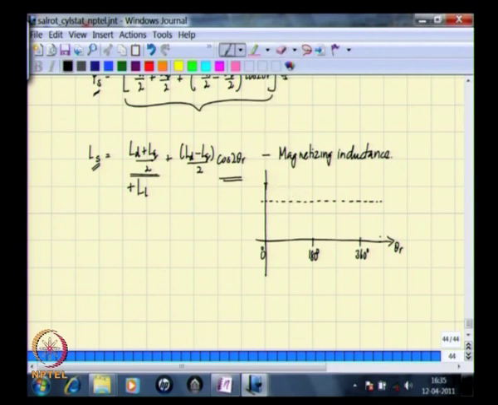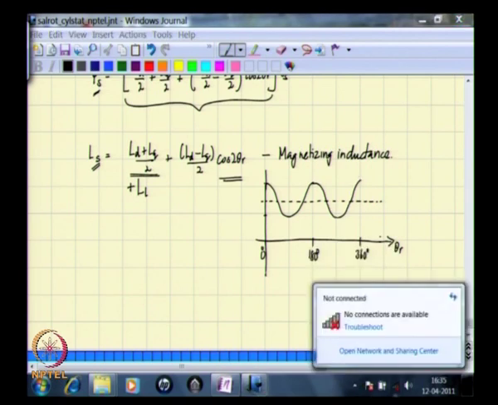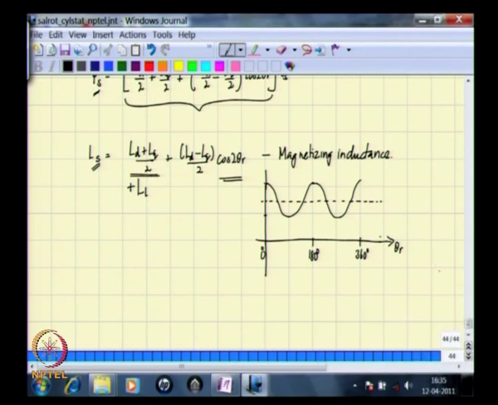So, if we start here and then it goes up to here, and then in the next 180 degrees it completes one more cycle. So, you have 2 cycles of variation within 0 to 360 degrees of the mechanical rotor angle.